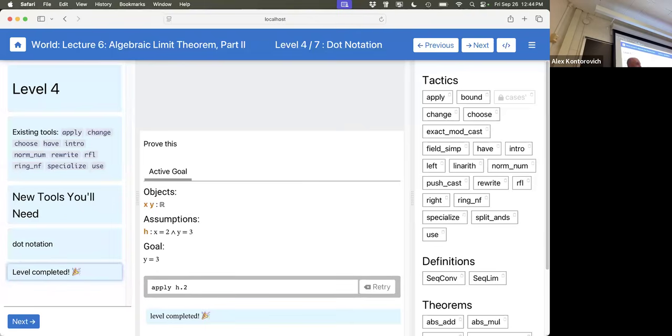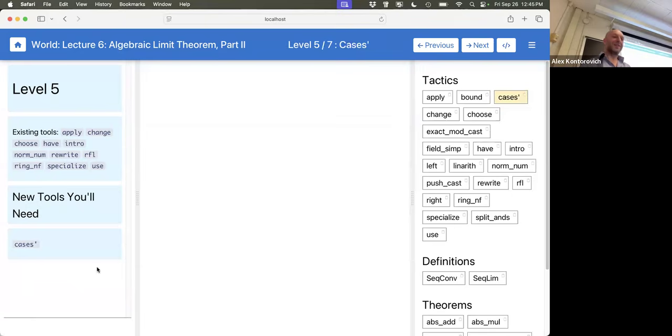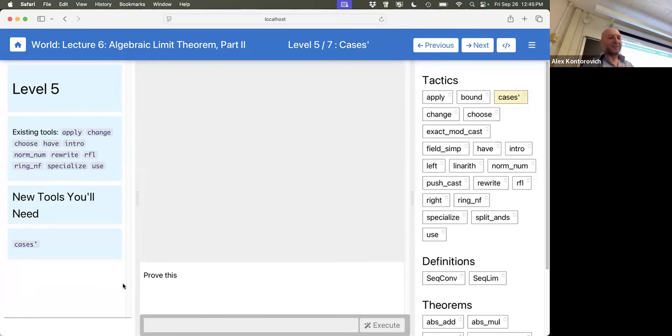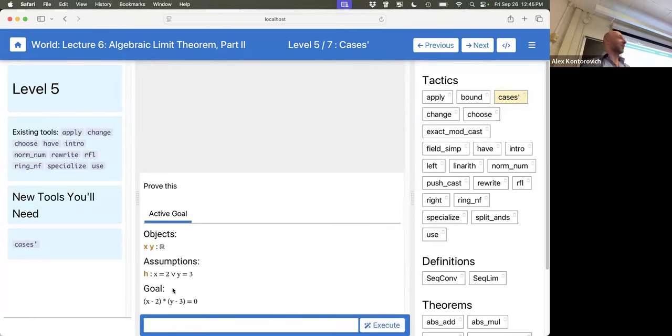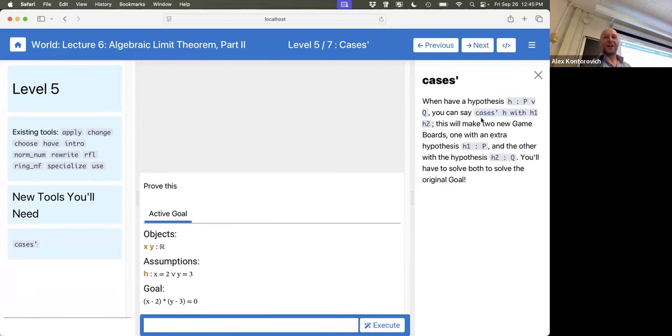Okay. So dot notation says, give me the first thing or the second thing if I already have them as assumptions. And finally, let's get to Suhas's question. There's a tactic called cases, but the way cases works is not how I want it to work. So there's another tactic called cases prime. And unfortunately, that's the one that has the good syntax for us. Again, if you forget how it works, you just click up here, and it's cases prime on a. So if you have a hypothesis, let's read this for a second.